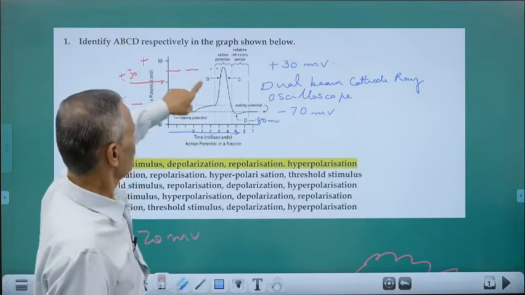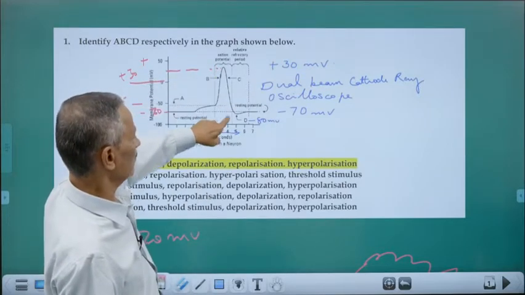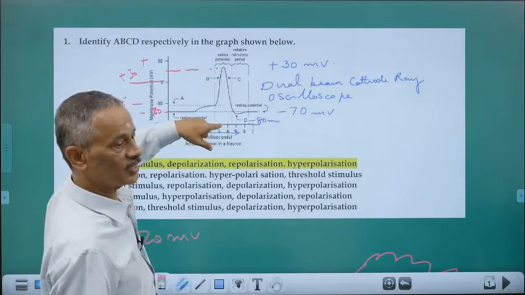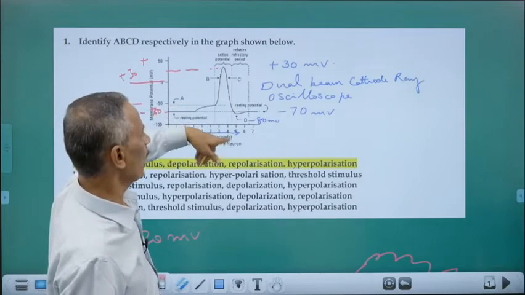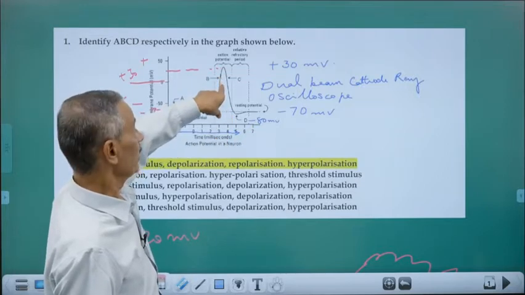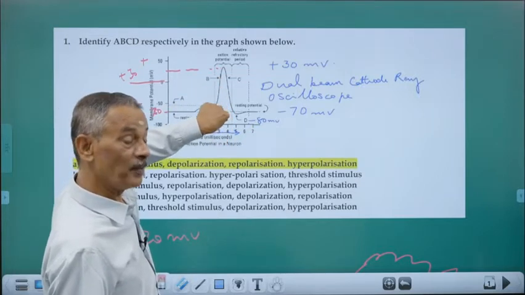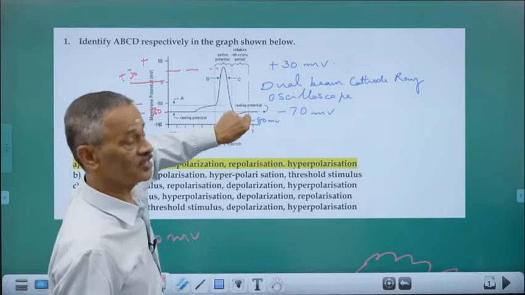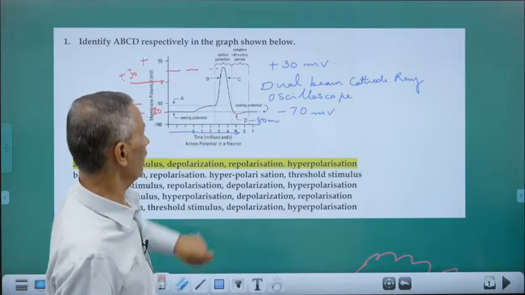So resting potential is minus 70 millivolt, plus 30 is the action potential. Then again it comes back because the sodium ion channels are immediately closed and potassium is again moving out, and because of that it is coming back. Coming back to the polarized condition is called repolarization.